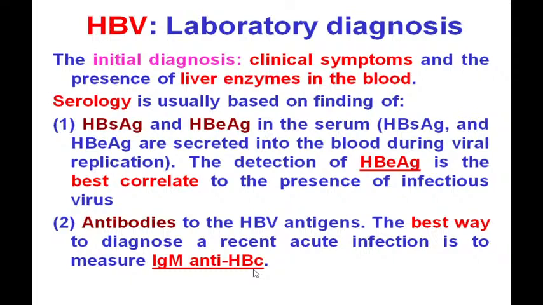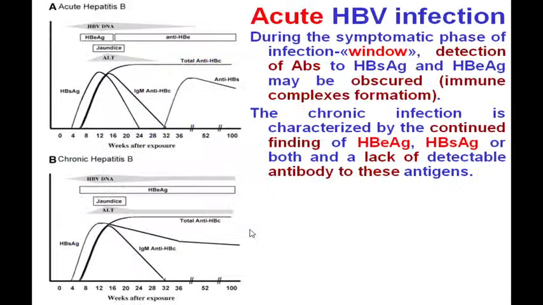Usually IgM antibodies against hepatitis B core antigen are very important in the differentiation of acute hepatitis B infection. And here you can see the time course of the disease and the appearance of the serological markers within the acute disease and within the chronic infection, right?